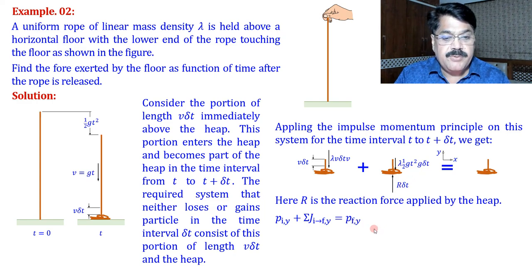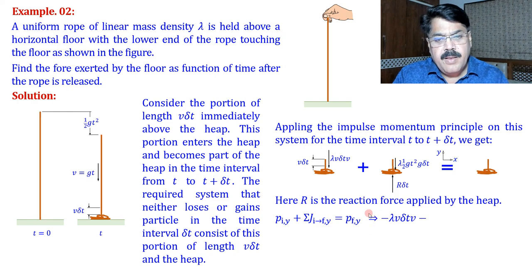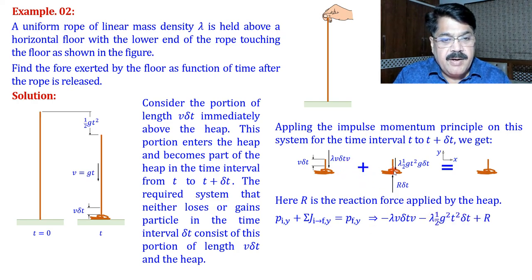So let's substitute the values. We get minus lambda v dt v, and minus lambda half g t square g dt, and g times g gives g square, plus R dt, which is positive, equals 0.